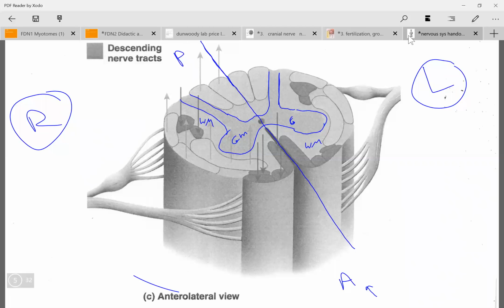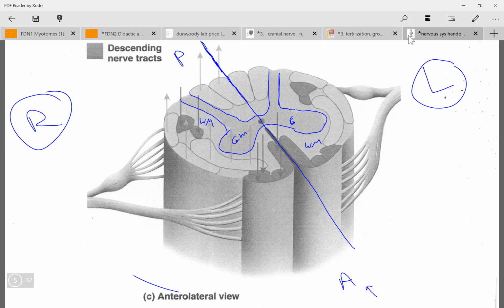Okay, so it's important to divide the spinal cord in half because we are a right side and left side person. Your right brain controls the left body, and the left brain controls the right side of your body.